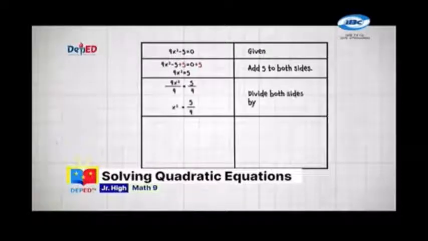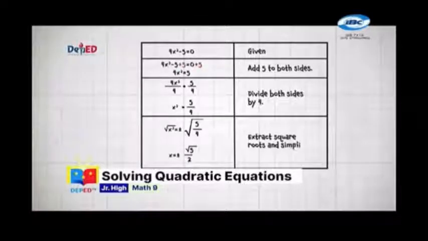We express the answer in fraction form if the result is not an integer. Then, we extract the square root of both sides. We express the answer in radical form if the result is not an integer. Here, 5 is not a perfect square number. Its highest perfect square factor is just 1.